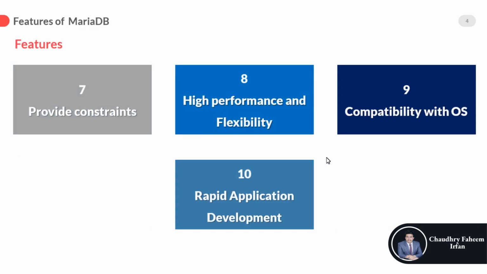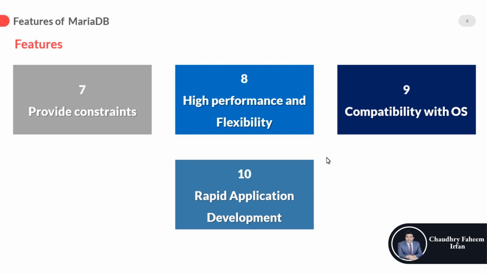The seventh one is that it provides constraints. By using constraints, MariaDB maintains the integrity of the database. Eighth, high performance and flexibility. MariaDB is faster and more reliable because it can manage almost any amount of data very efficiently.